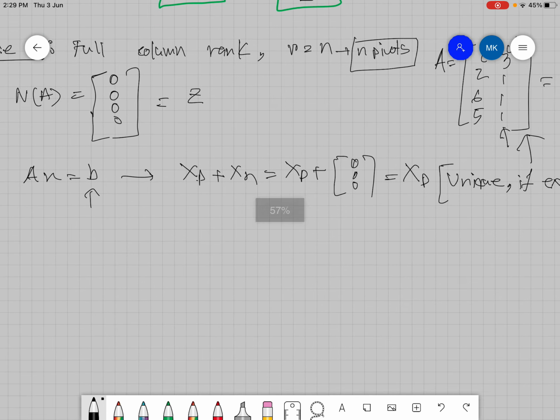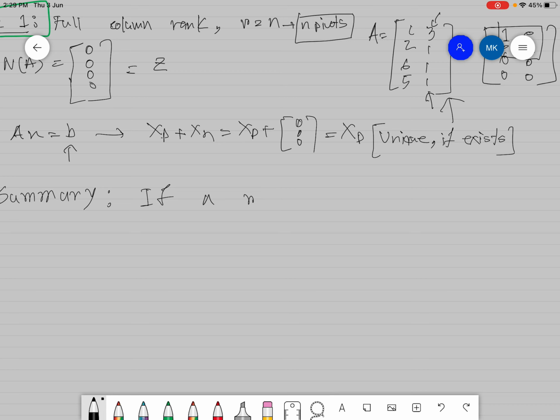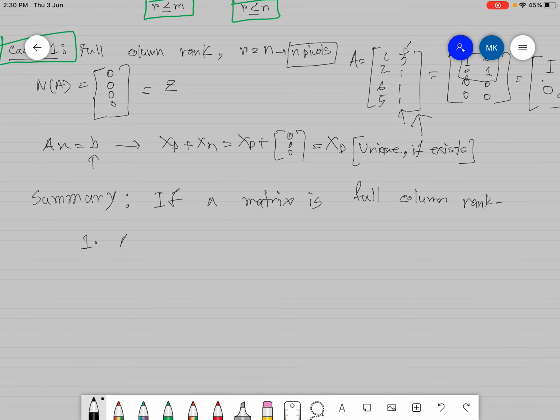Okay, so the summary here for case 1: if a matrix is full column rank, then all columns of A are pivot columns.